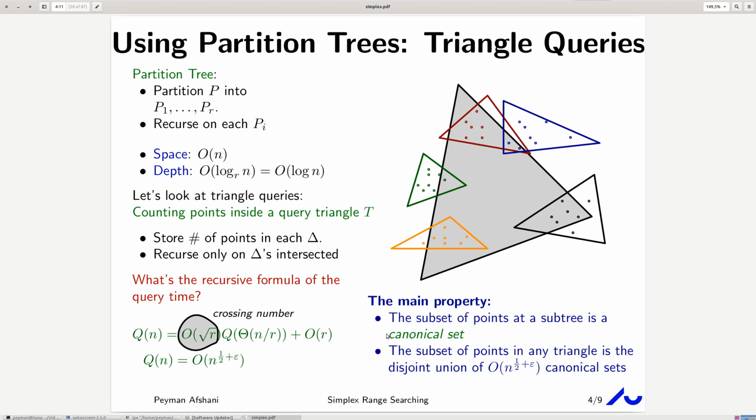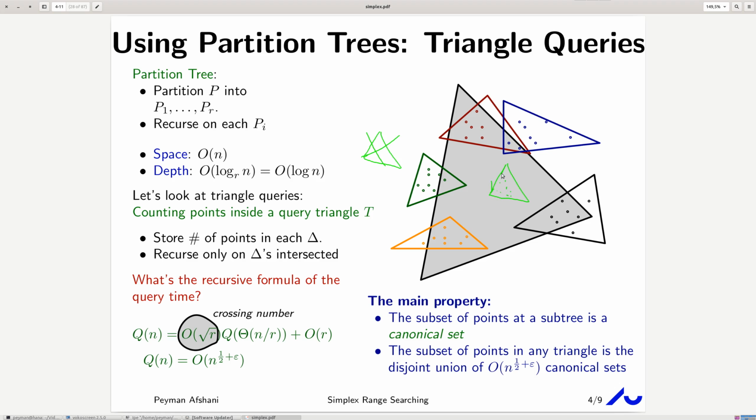By this definition of a canonical set, we can show that the set of points inside any triangle is a disjoint union of roughly square root n canonical sets. How do we get that? By just simulating the query algorithm. Remember the query algorithm: if a partition is outside, we ignore it, so that doesn't count. If it's inside, I would normally add the total number of points inside it to the total that I have.